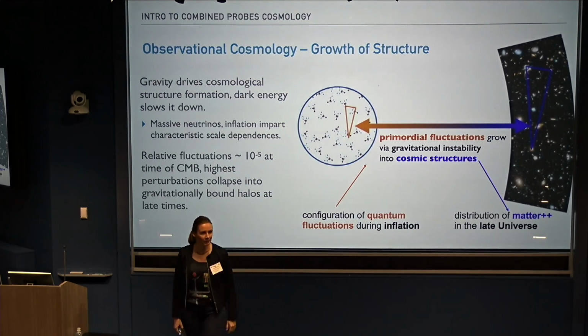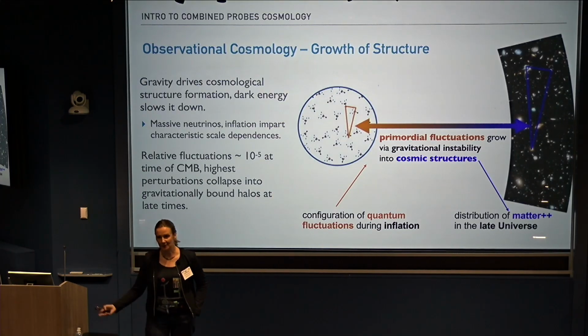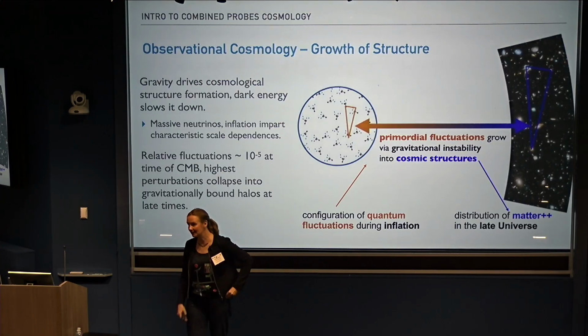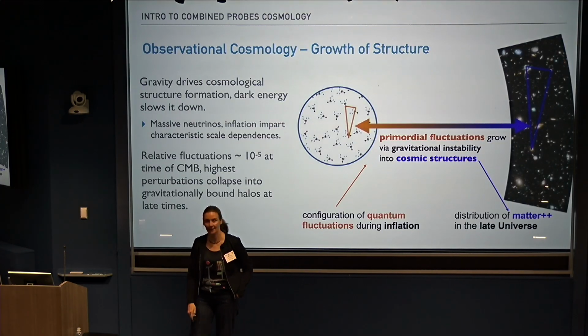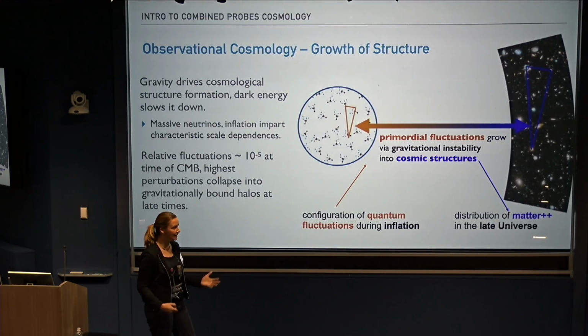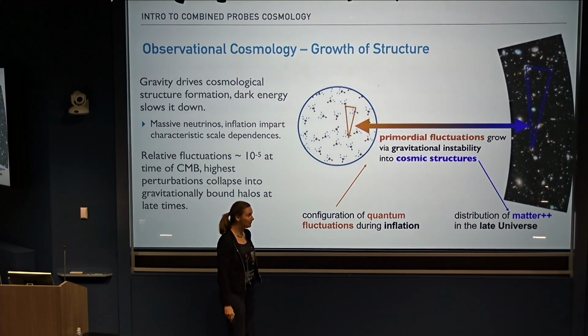And additionally, we want to use that the inflation and relativistic degrees of freedom, like neutrinos, impart characteristic scale dependence in the distribution of galaxies, which we can then also use to put additional constraints. And here we then really have to take fluctuations that were of order 10 to the minus 5 in the early universe into the distribution of galaxies, that is halos with overdensities above 200 today. So that is quite a modeling challenge.